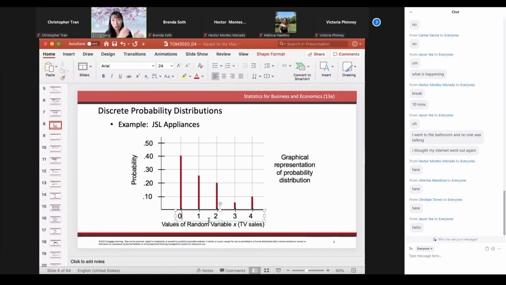So there's a clear 0 or 1 or 2 or 3, and there's a gap between each value. So you can see clearly which bar it is, and how tall the first bar is, how tall the second bar is. So it works well when you have a discrete random variable.